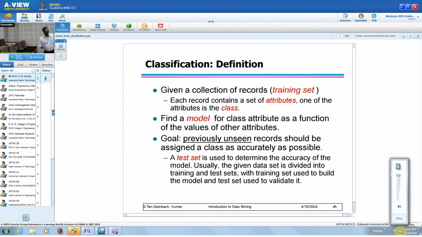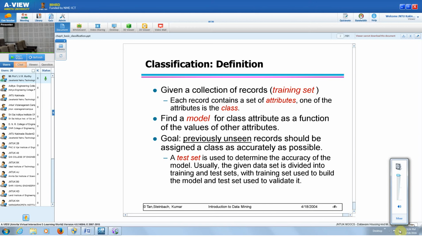Now, each record contains a set of attributes, one of which is the class. You find a model for the class attribute as a function of the values of the other attributes.